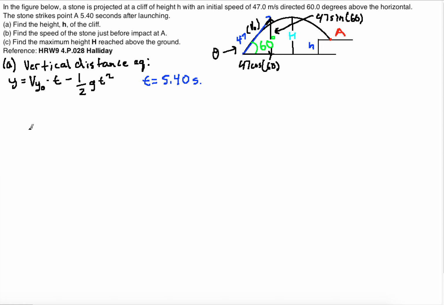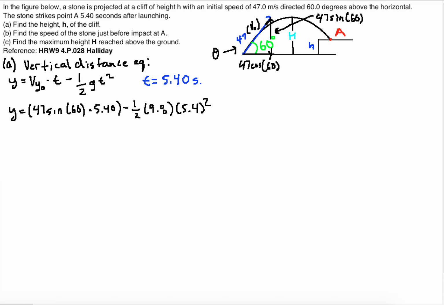So y is equal to the vertical component, 47 sine of 60, multiplied by time, 5.40, minus 1/2 times gravity, 9.8, times the quantity 5.4 squared.